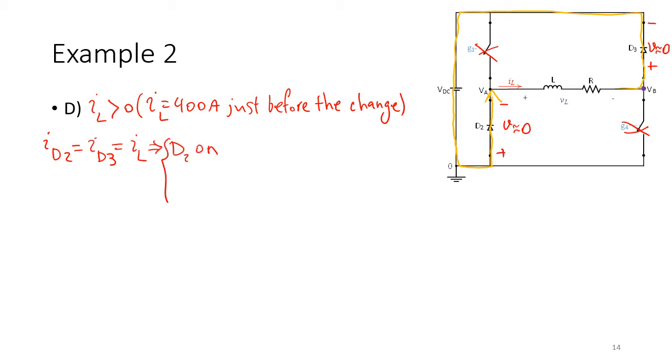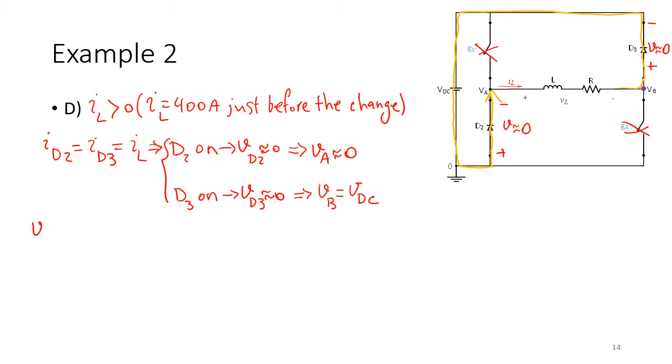D2 is on, D3 is on. So VD2 is almost 0, VD3 is almost 0. From this we find VA equal to 0 and VB equal to VDC.